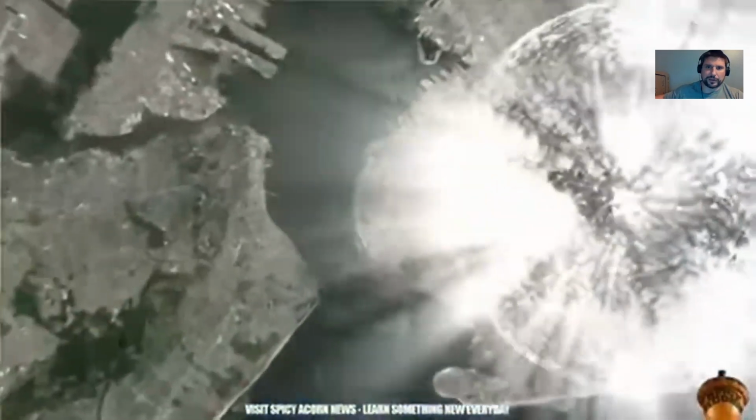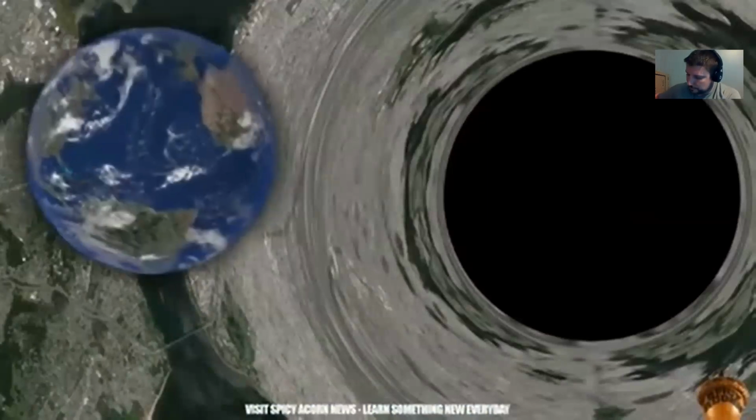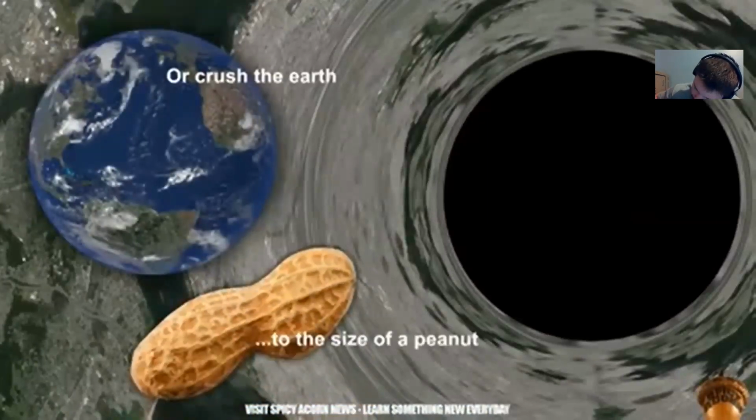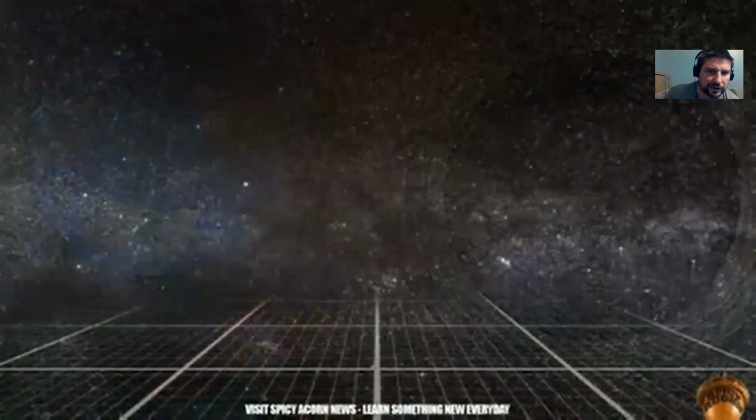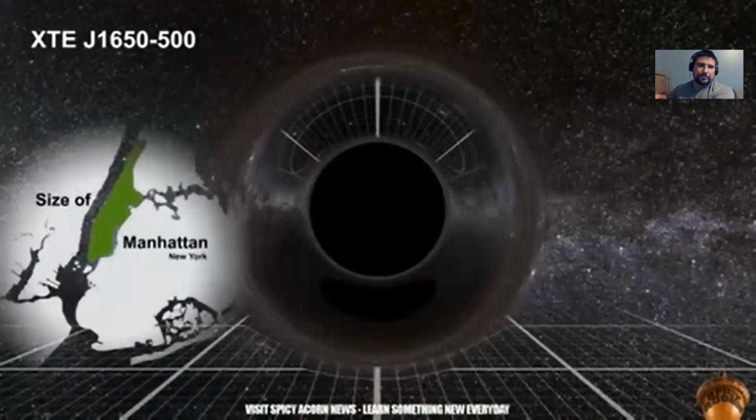Right around the size of Manhattan, it turns into a black hole. And we're going to calculate that actual size, about the size of a peanut for the Earth.